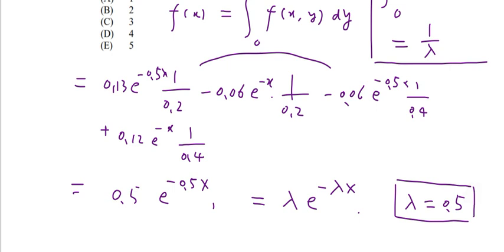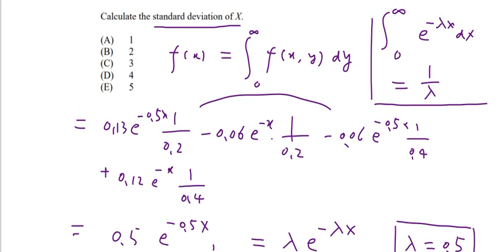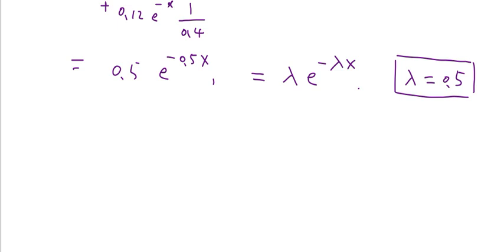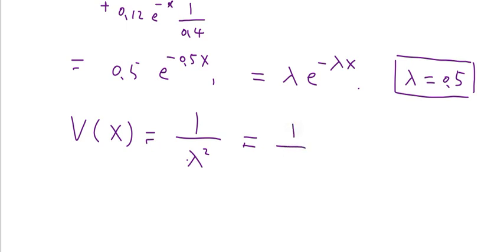Okay, so now we want to find the standard deviation of X. For this, the variance of X is 1 over lambda squared. So the standard deviation equals 1 over lambda, which is 1 over 0.5.